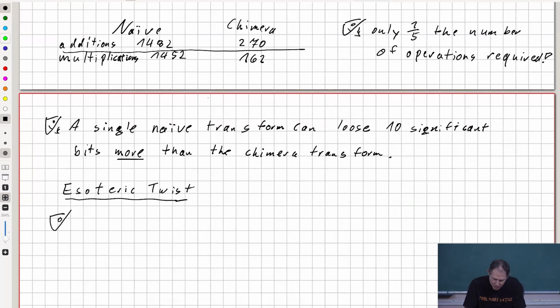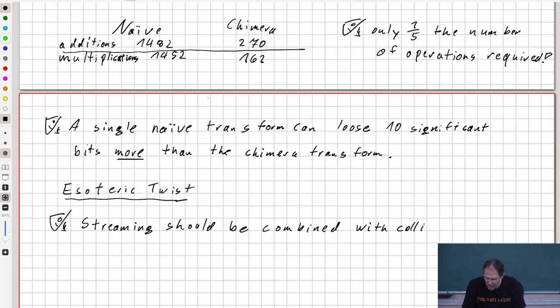So what we have already seen in the example code is that we can combine the streaming with the collision. And that should always be done, because otherwise it becomes pretty expensive. Because as I told you, reading the populations is the most costly thing in the entire thing.